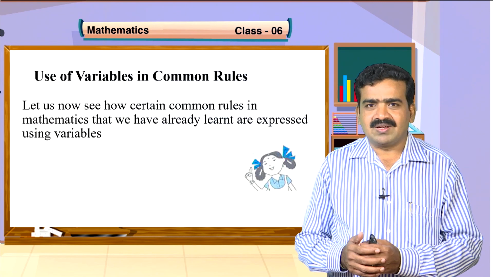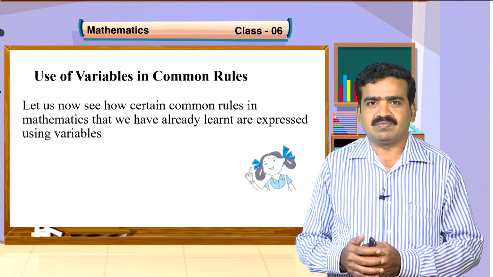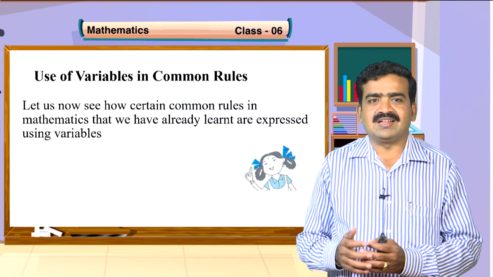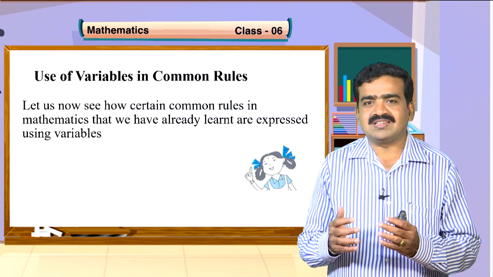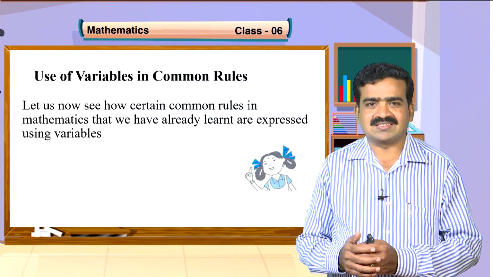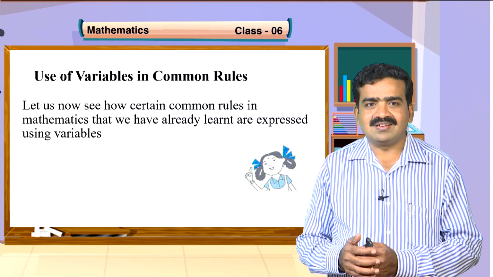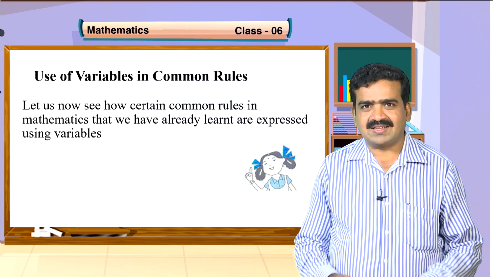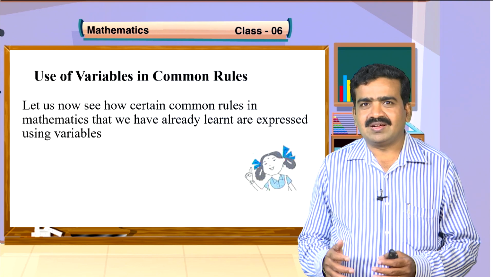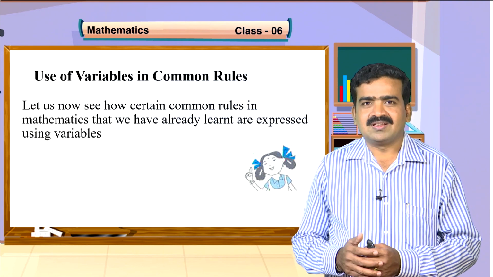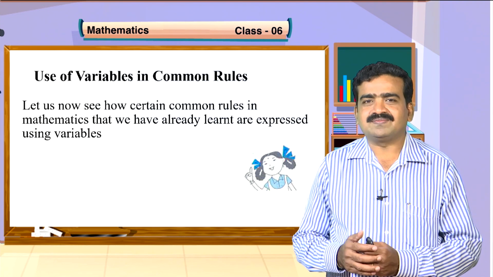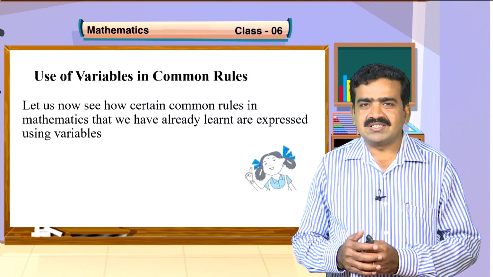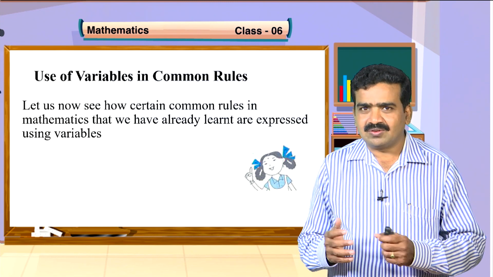Use of variables in common rules. My dear students, let us now see how certain common rules in mathematics that we have already learnt are expressed using variables. In arithmetic as well as in geometry, we have learned some concepts, so we can frame equations by using variables for those concepts.